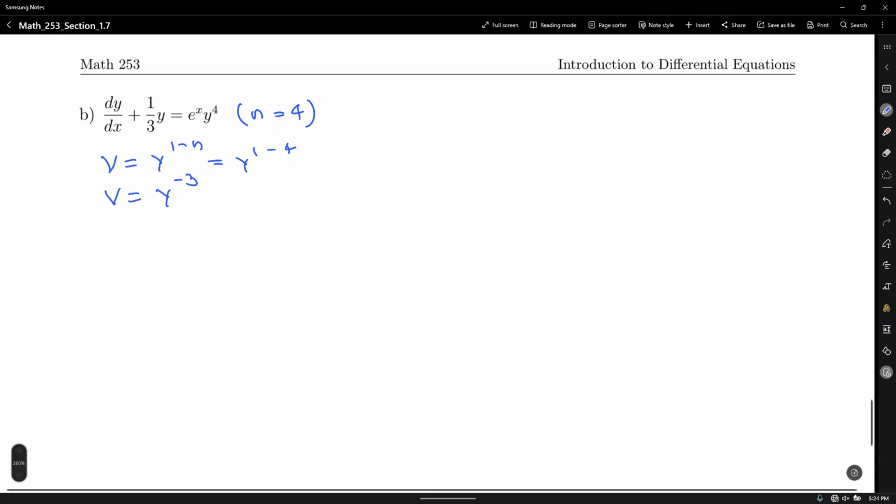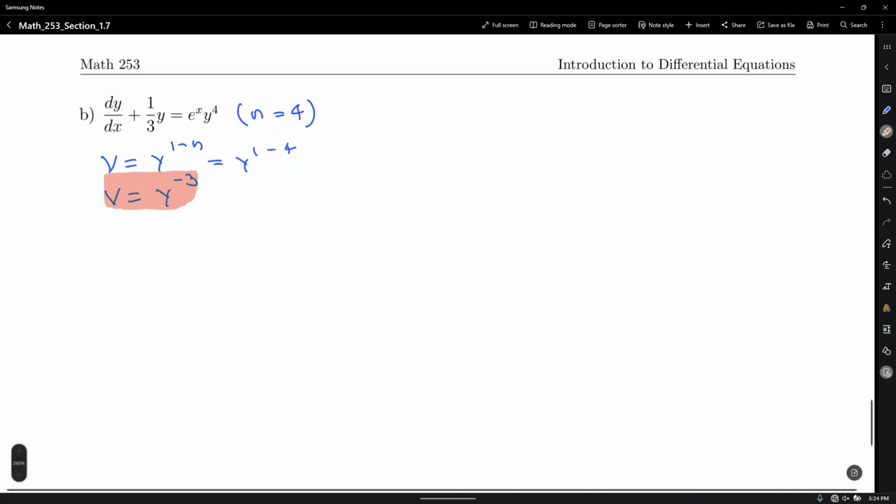Let me highlight it, because we're going to go back to this equality a couple of times: once when we eliminate the nonlinear term, and the second time when we back substitute for v to get the solution in terms of y.